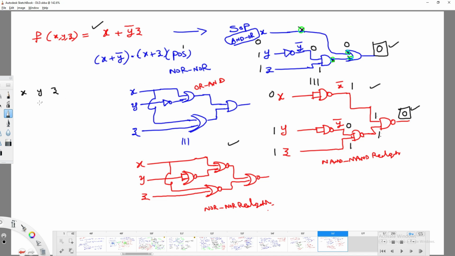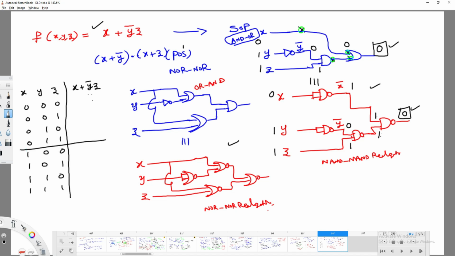The possible values you are going to get are 0 0 0, 0 0 1, 0 1 0, 0 1 1, 1 0 0, 1 0 1, 1 1 0, triple 1, right? See, guys, so what is this x plus y bar z equation? That is my point here.